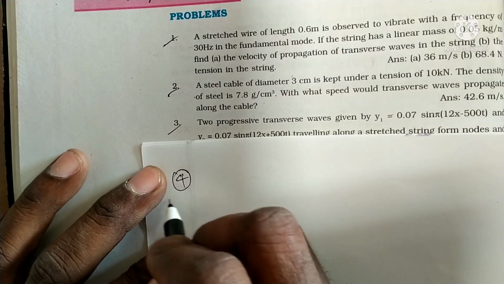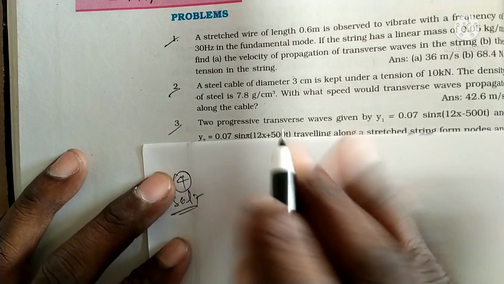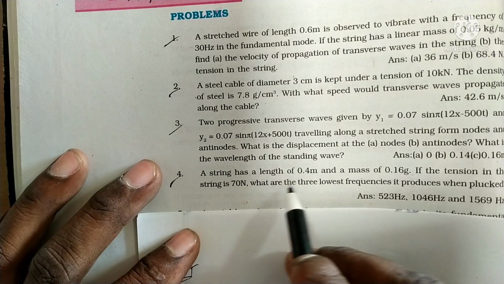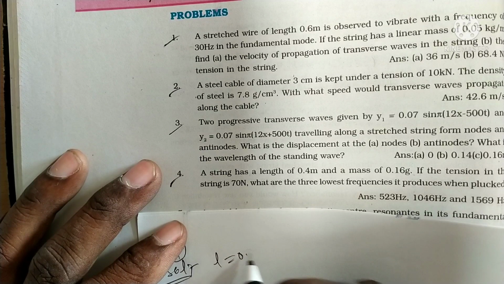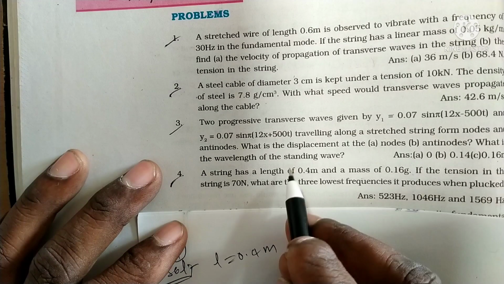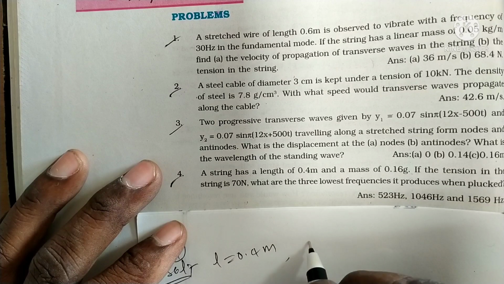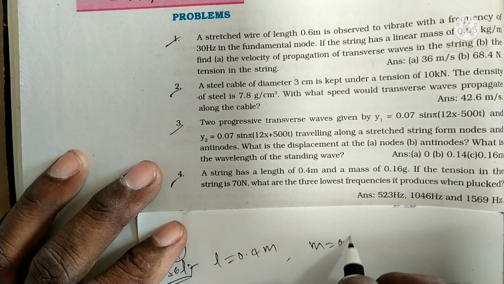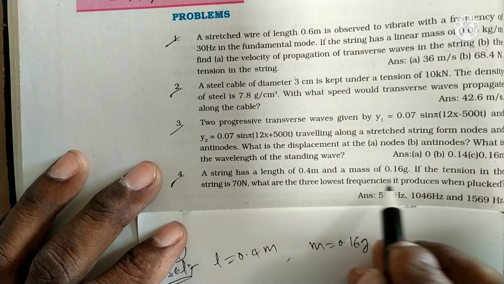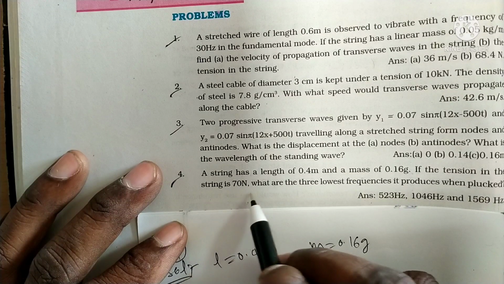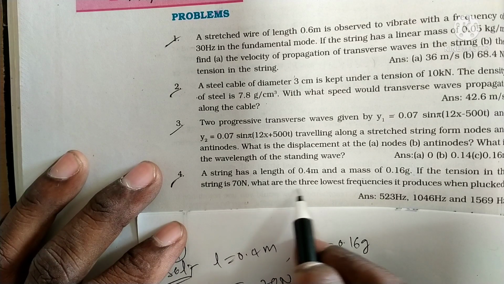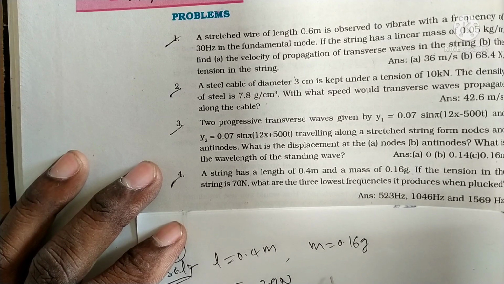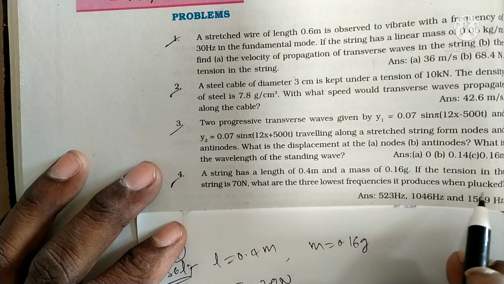Problem number 4, solution. We know the length of the string is given, L is equal to 0.4 meter, mass M is equal to 0.16 grams, and tension T is equal to 70 newtons.